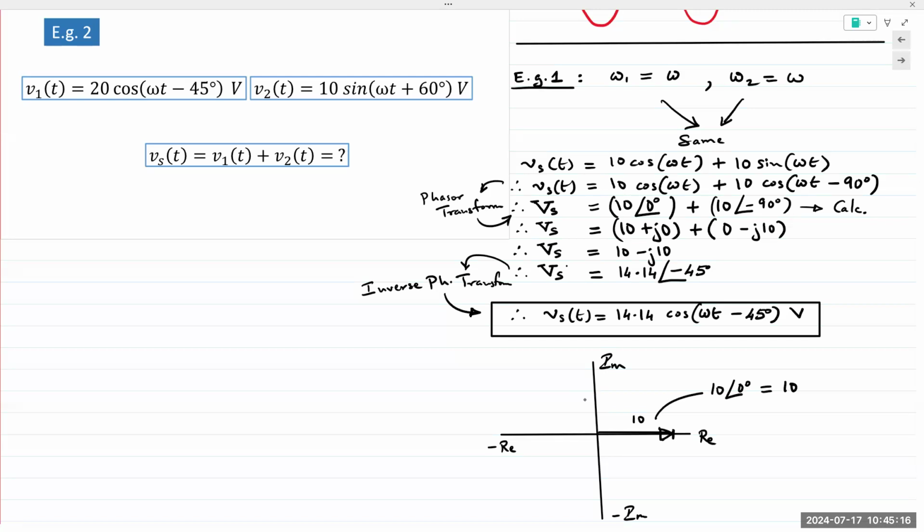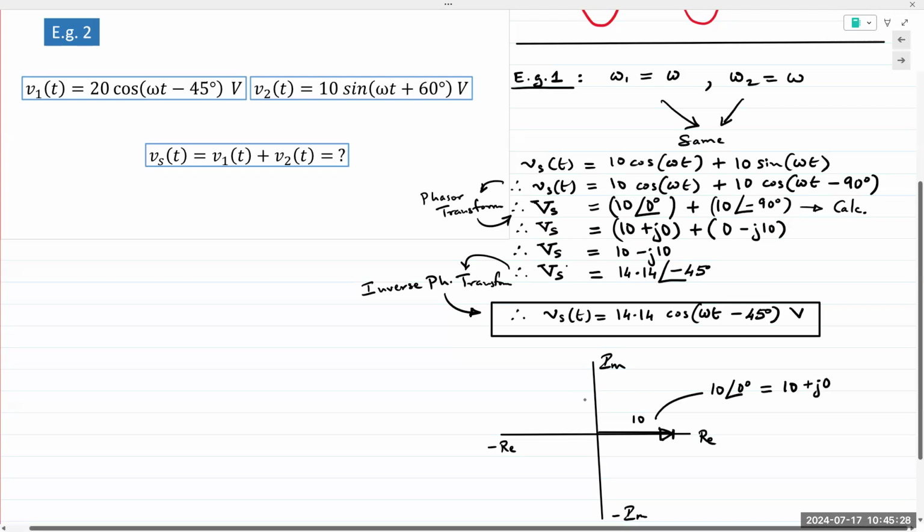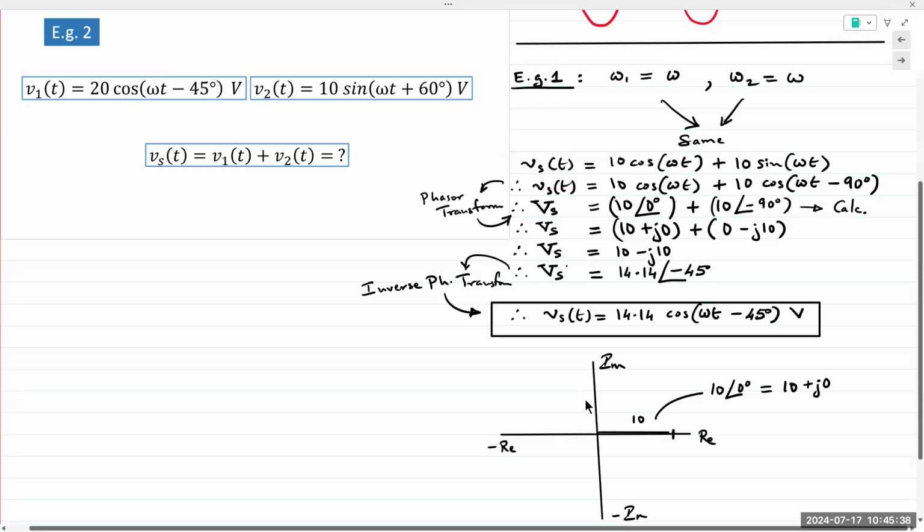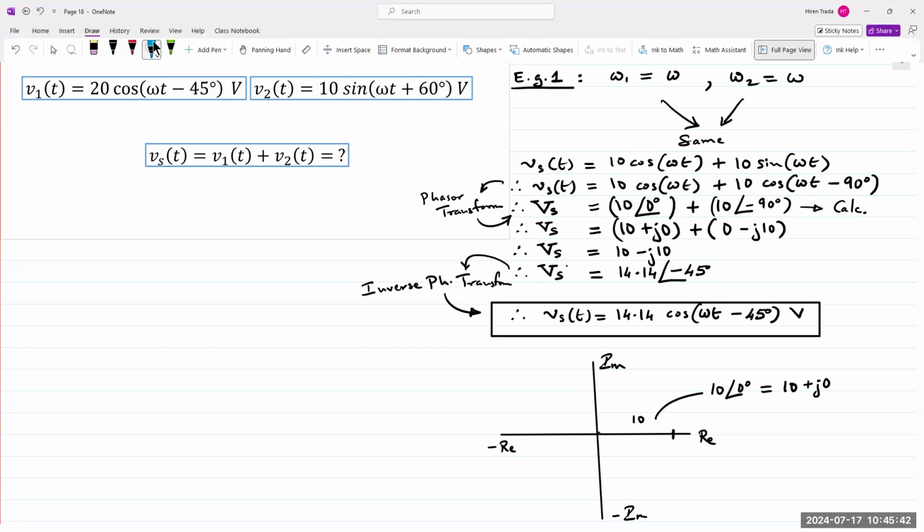What is the length of this vector on the imaginary axis? How tall is it on the imaginary axis? 0, because it's lying flat on the real axis. Does that make sense now? Let me use a different color.